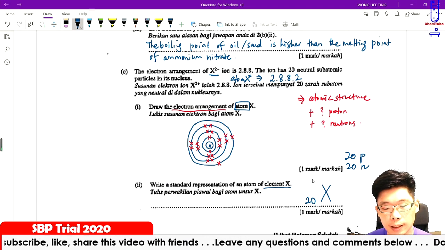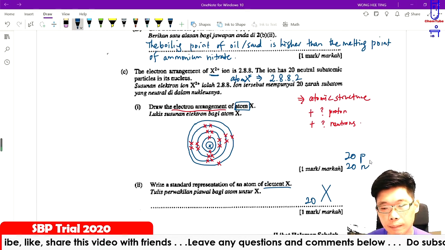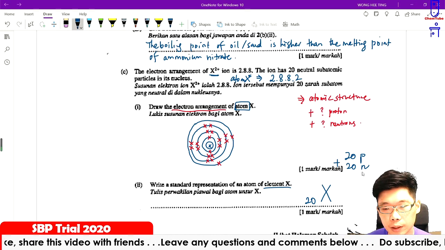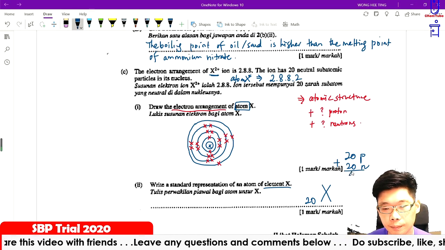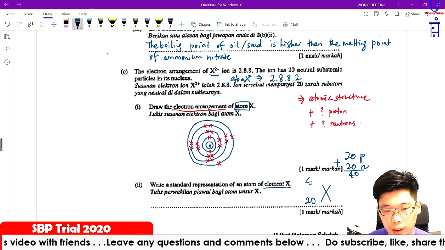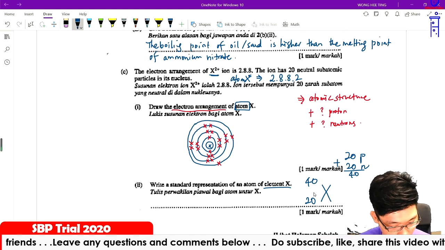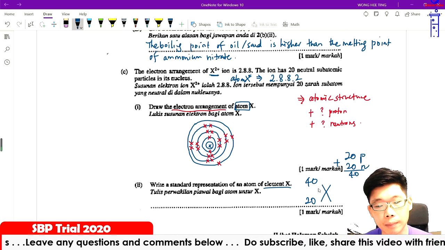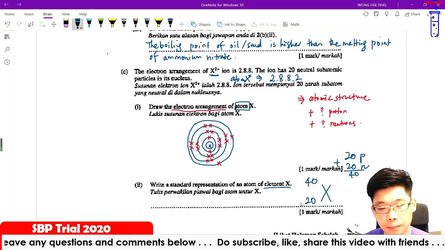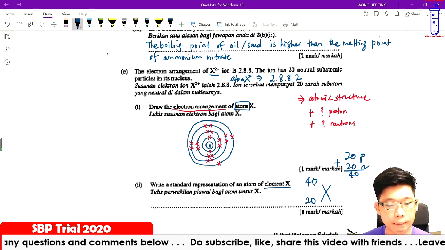A is the nucleon number, the total of the proton and the neutron, so it's 40. This is the standard representation for the element X. This is the proton number, this is the nucleon number.